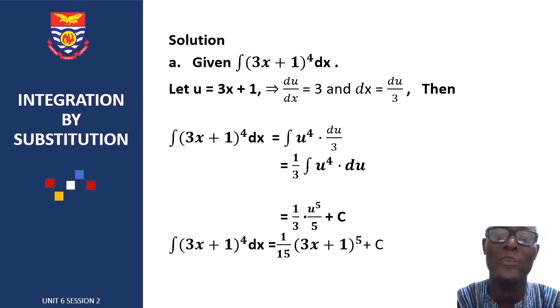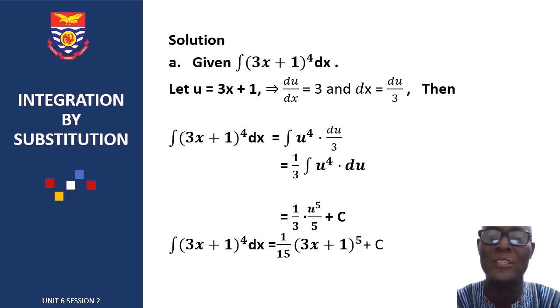Now, multiplying u^4 by du over 3 gives u^4 over 3 du. But 1 over 3 is a constant, so we factor it out, which means we have 1 over 3 times the integral of u^4 du.